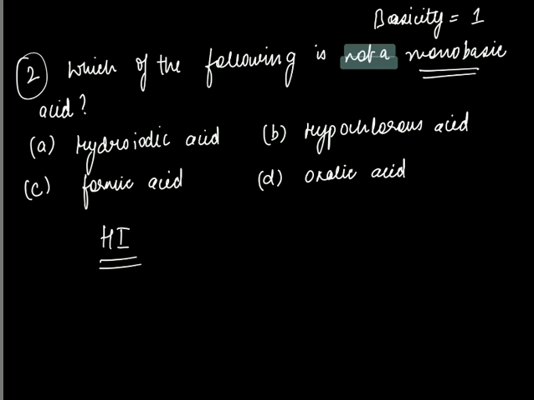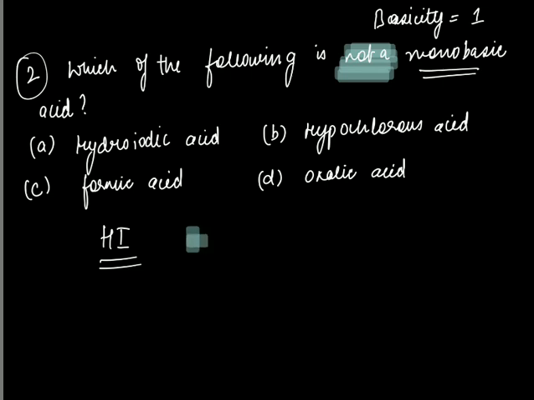Incorrect, correct, not a. Most students don't look at these small things and go the other way around, and that leads to incorrect answers. So always have patience when reading a question and look through it. Not a monobasic: HI is monobasic, so it's not our answer.